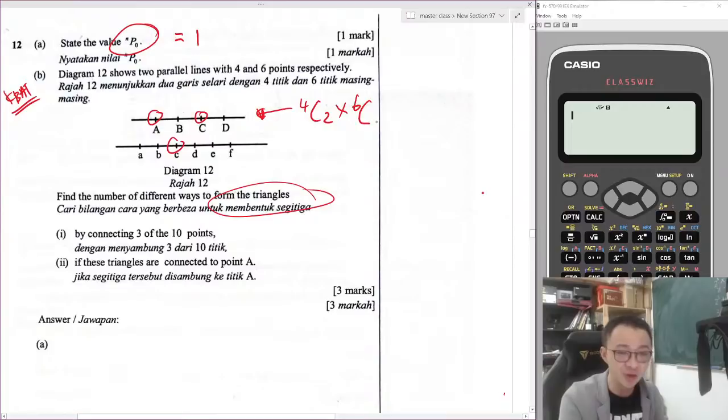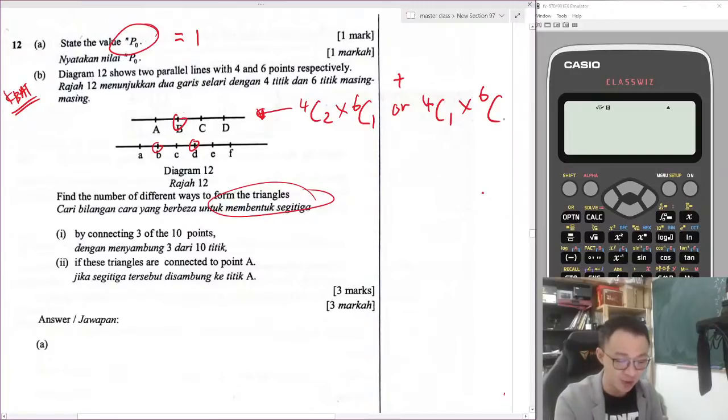Or, if on top I choose only 1 point from 4, at the bottom I need to choose 2 points from 6. Then I just add them together, because these are the alternatives you have.